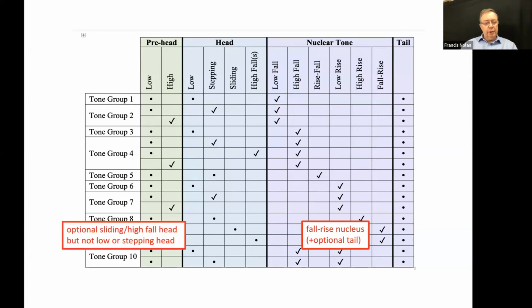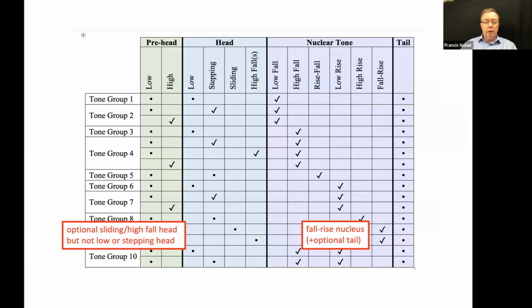But if you're going to do something, you can have a sliding head or a high fall head, so the last 2 columns of the head part, but not a low head or a stepping head. So this is a phonotactic restriction on elements within the intonational phrase.